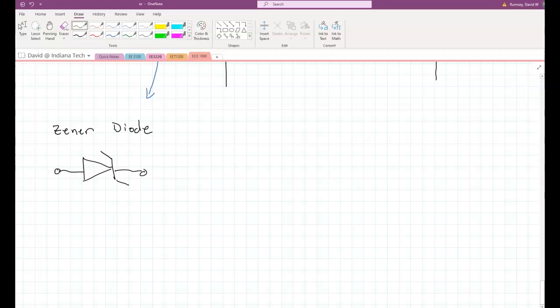What's different about a Zener diode is that it's designed to be run backwards. What do I mean by that?